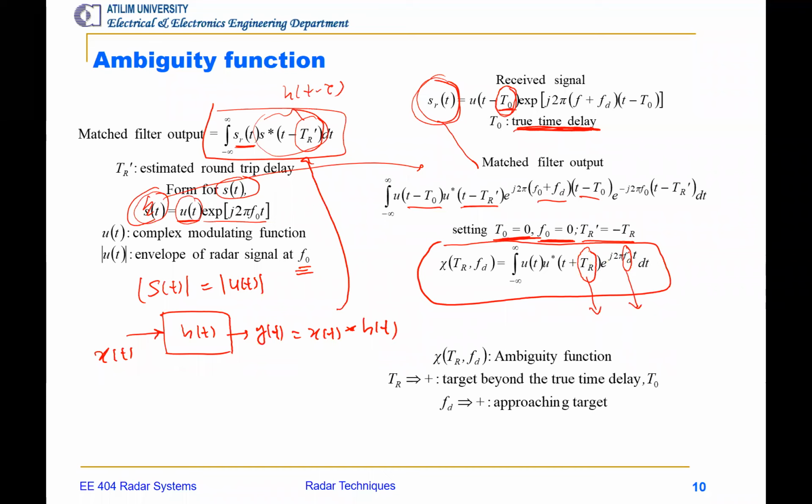If the target is stationary, then we expect that the Doppler shift becomes 0, and then the ambiguity function will be simpler. As we remember from Doppler, if the Doppler shift is positive, it means that the target is approaching. If it is negative, it's receding, it's going away.